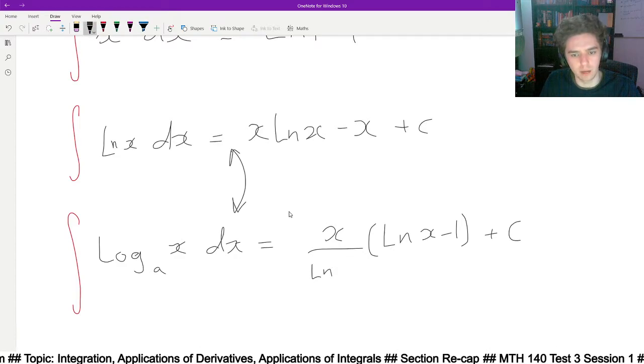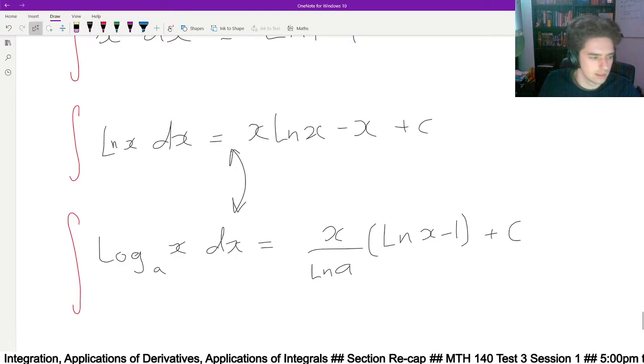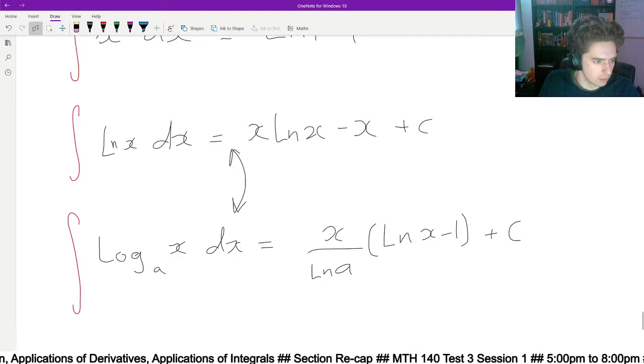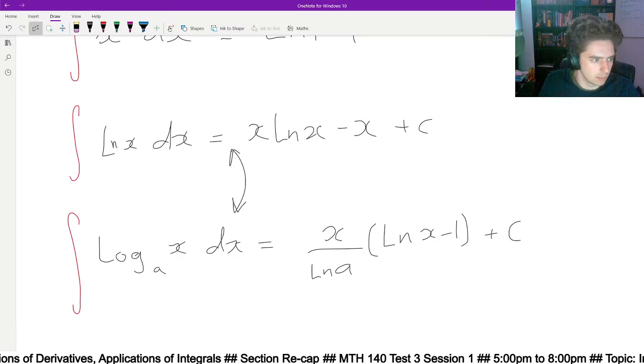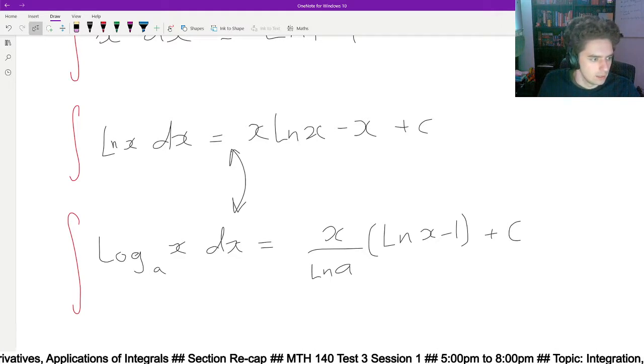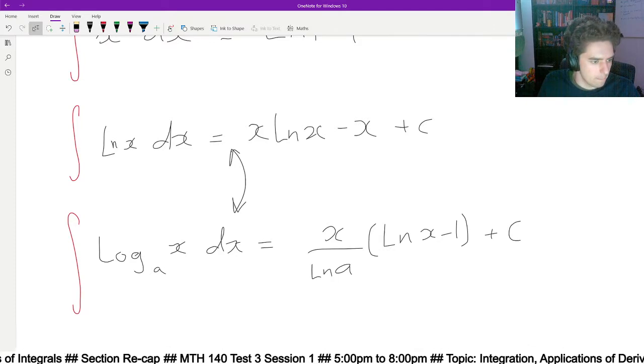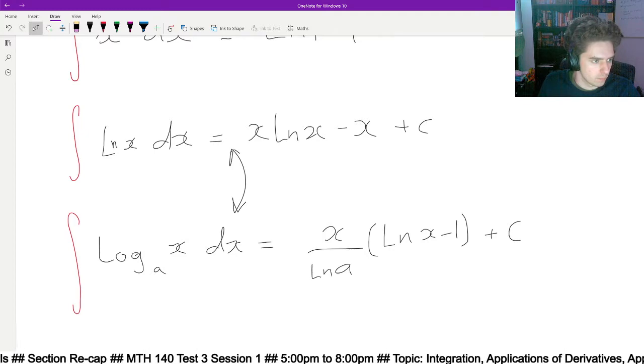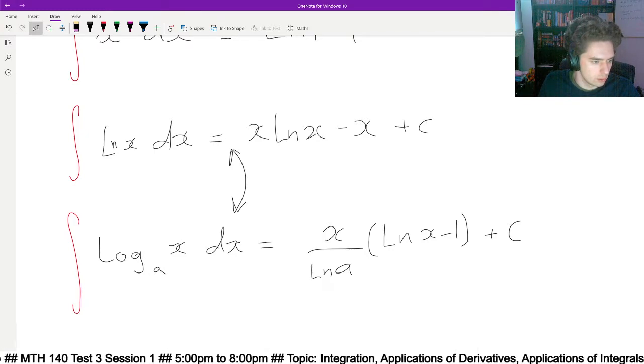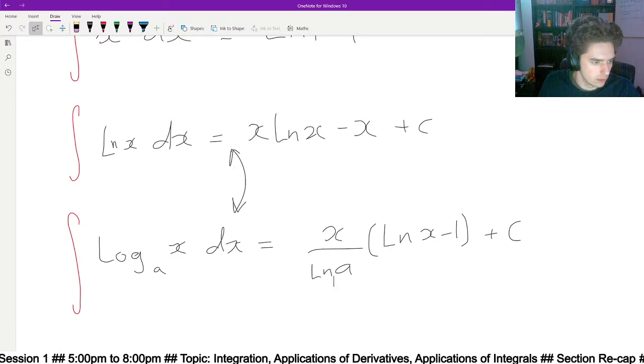Now, why does this bottom thing work? I don't know. They also don't prove it here, so I can't explain it, but it does. So let's try a couple of them. They really don't do too many wild questions here.